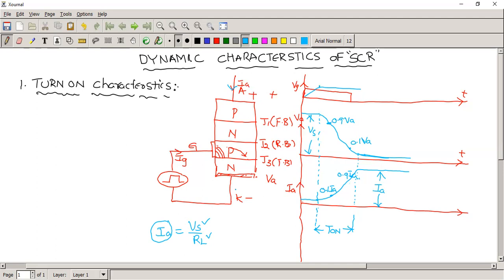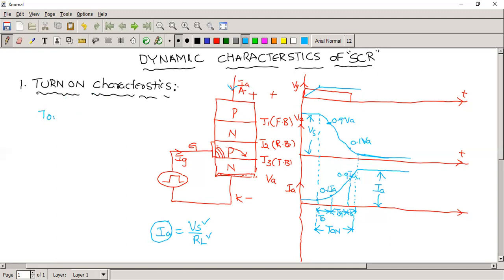Now, the time interval between these two is nothing but the delay time, T suffix D. The time interval from 10 to 90% is nothing but the rise time, T suffix R. 90 to 100% is the spread time, that is T suffix S.